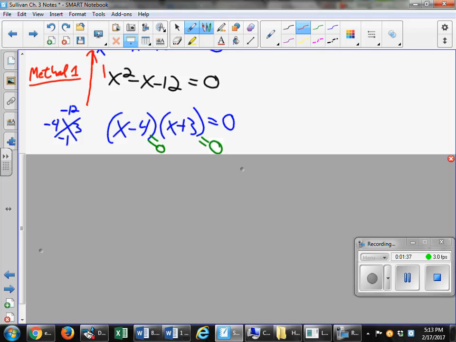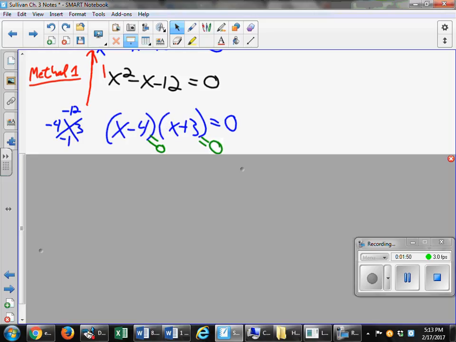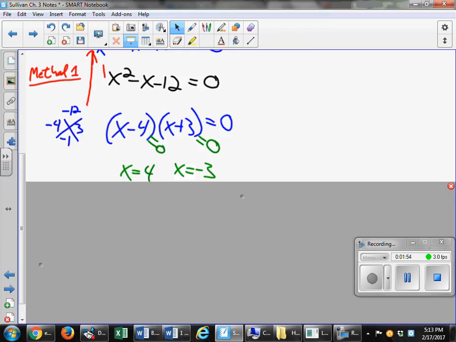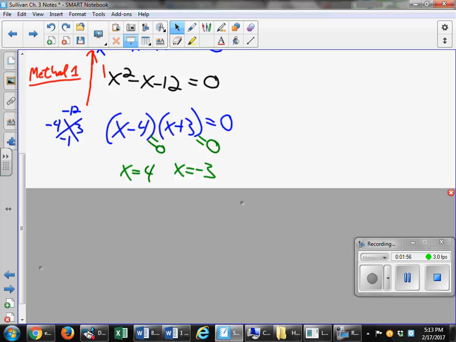Two numbers that multiply to negative 12 and add to negative 1 are negative 4 and 3. So we have our two factors, and we set each one equal to 0, which means x equals 4 and x equals negative 3.